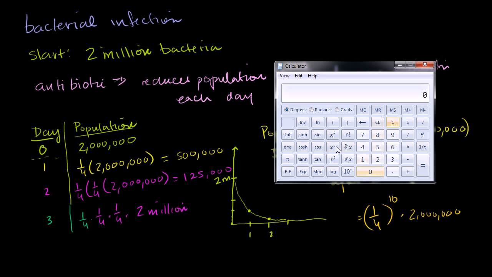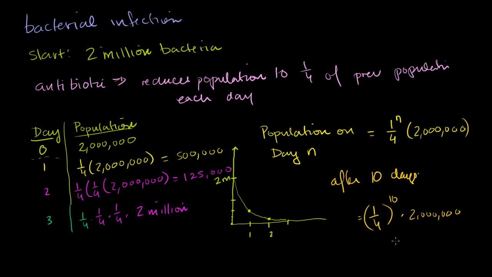So let's take 1 divided by 4 to the 10th power, that's equal to this very small number, times 2 million. We're only going to have 1.9 bacteria after the 10th day. So pretty much most of the bacteria is gone by the 10th day.